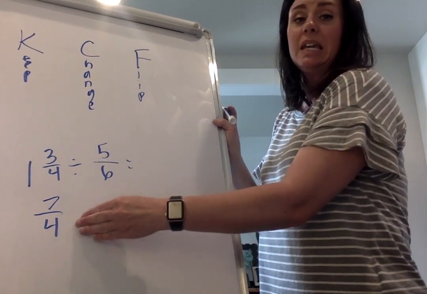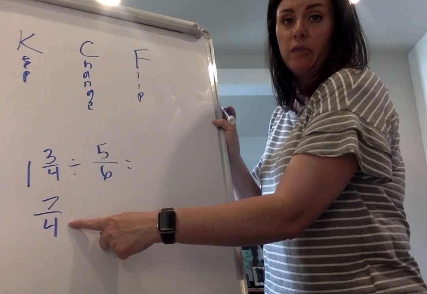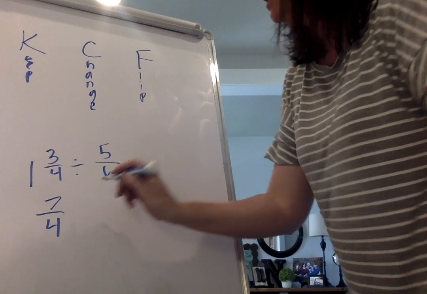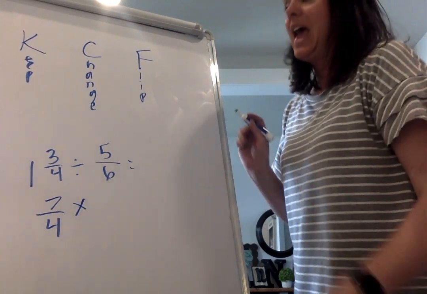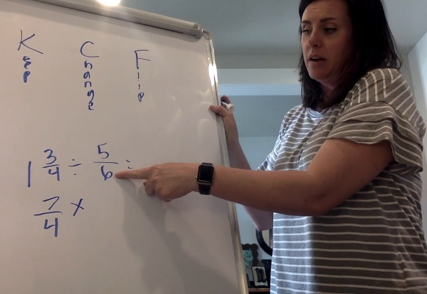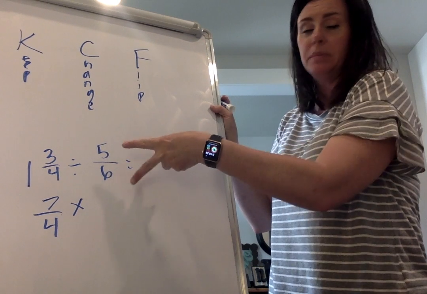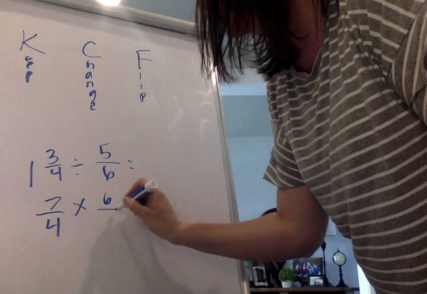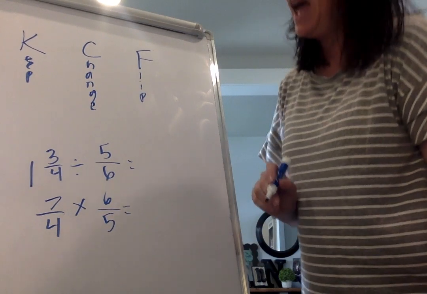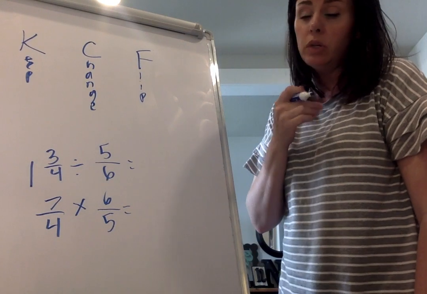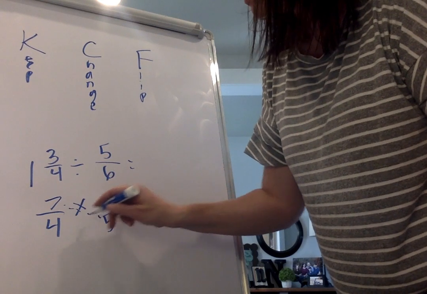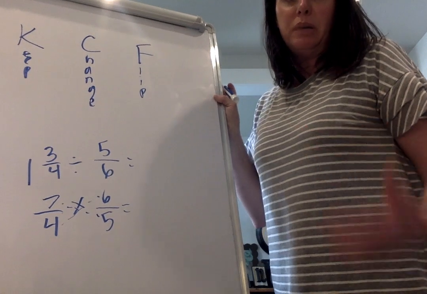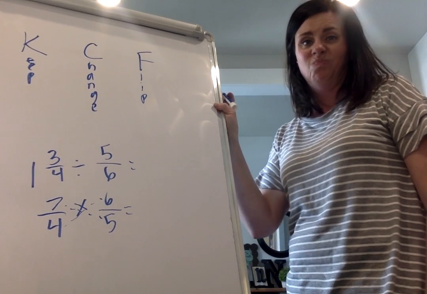Okay, so we're going to keep this first fraction, 7/4. Keep it, leave it, it's good to go. We're going to change our sign to multiplication, and then we're going to flip our second fraction. We're going to just flip it upside down. So instead of 5/6, we're going to do 6/5. Okay, now, I'm going to try to cross-reduce here. 7 and 5, could they both be divided by the same number?